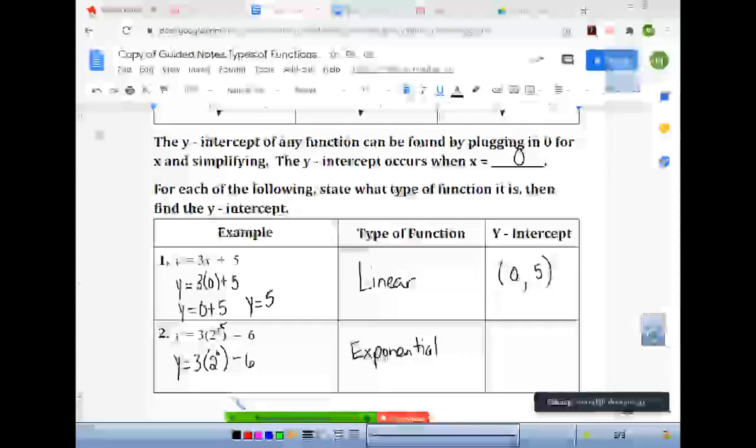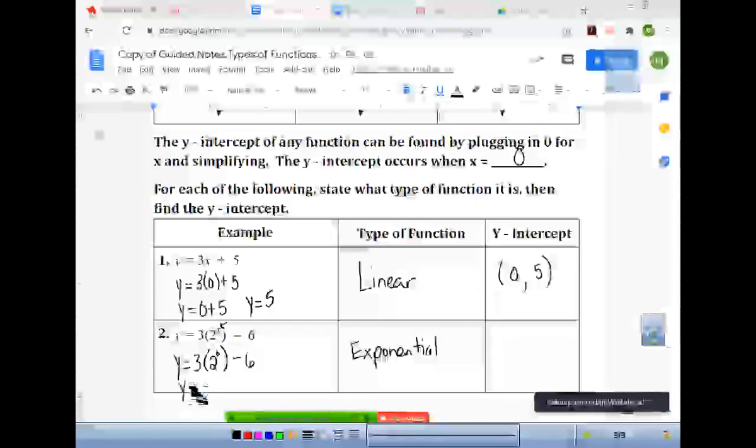Okay, so if we're doing our order of operations, we're starting with the exponent. What is 2 to the 0 power? It is 1. Anything, doesn't matter what it is, it could be a million, a million to the 0 power is 1. Anything to the 0 power is 1.